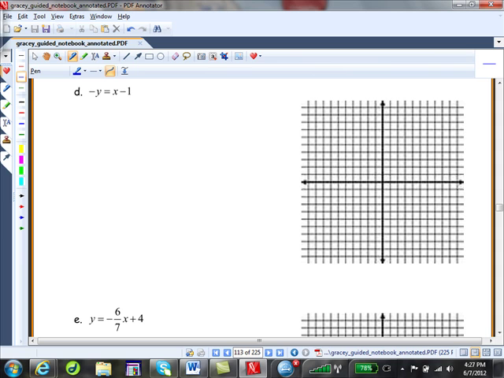And in systems of linear equations, you need to be very, very proficient in graphing lines and finding equations of lines and all that good stuff. Okay, so let's finish up these last couple examples, and then we'll have an application, and then we'll be done with this section. So here we go.